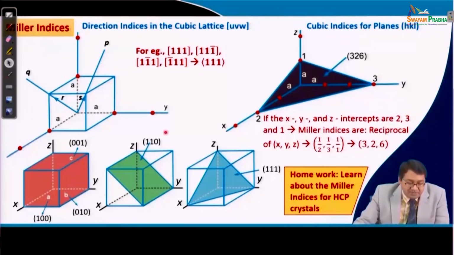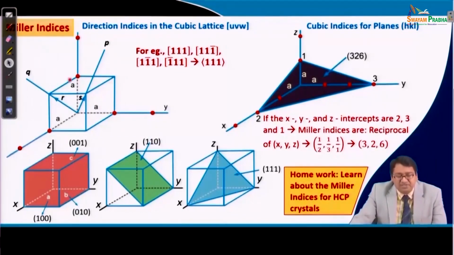Now, you see here is the first image of a unit cell, and this image shows a cuboid, basically a cube with edges of length a, and here is the x axis, look at the pointer, and the y axis is shown here, the z axis is above, and you see that if we say that this is a unit direction.